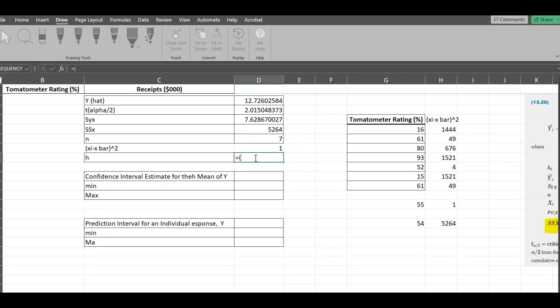You're going to be parentheses 1 over n, is this one, close the parentheses, plus, open the parentheses again, this value, the xi minus x bar squared, divided by the SSX, which is this value, and close the parentheses. And that's going to be the value of the h.